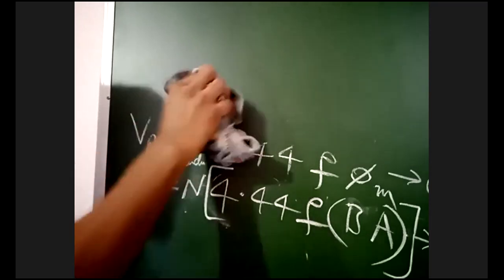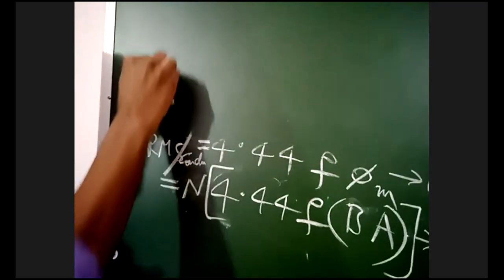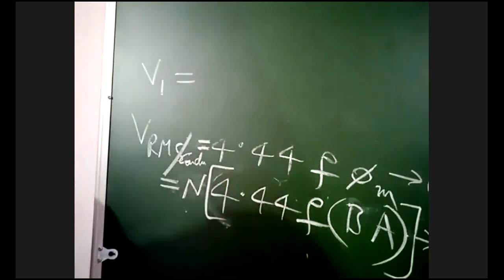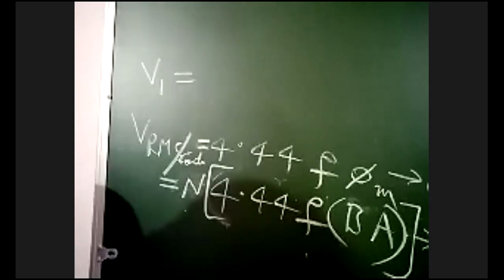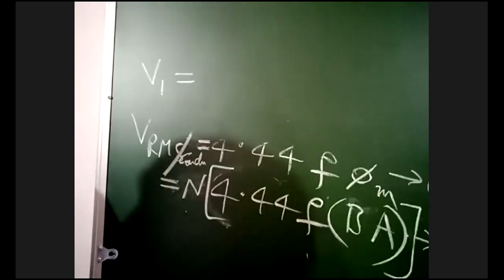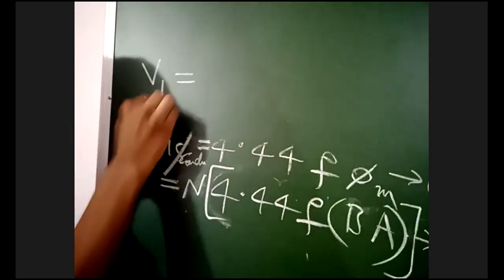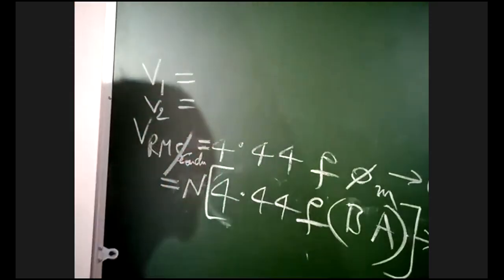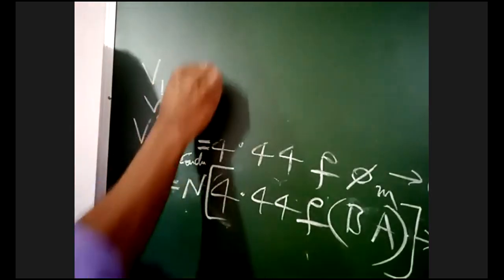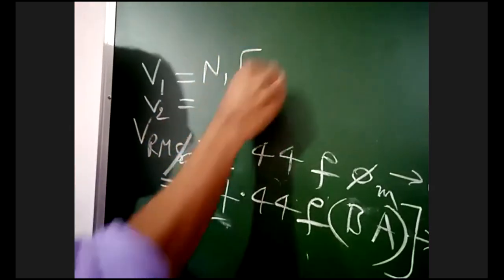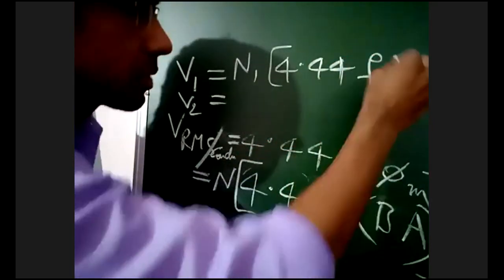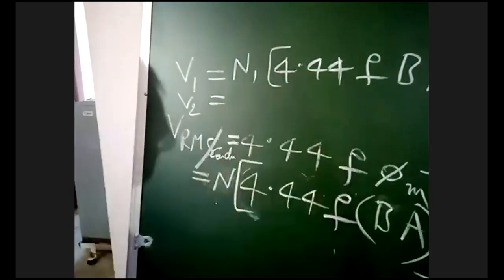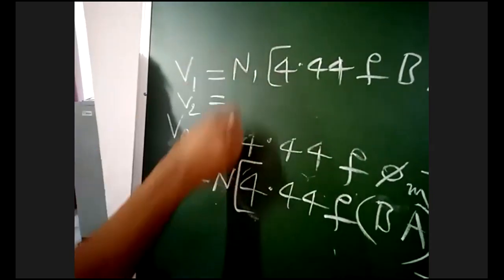Now I am taking V1. What do you mean by V1? Voltage in the primary winding. Similarly, V2 is the voltage in the secondary winding. For V1, we will take N1 into 4.44 FBA. Remaining everything comes the same, only in place of N we get N1.